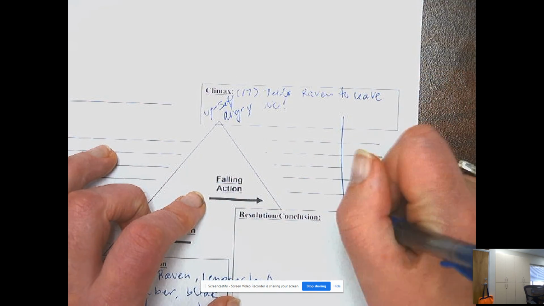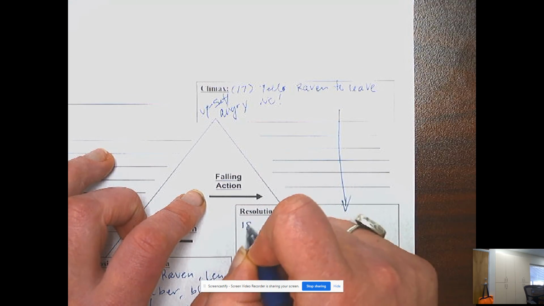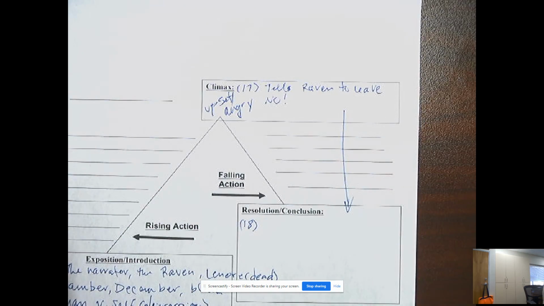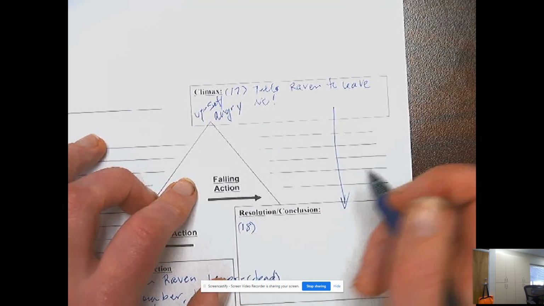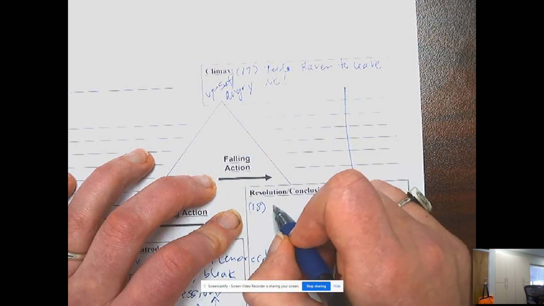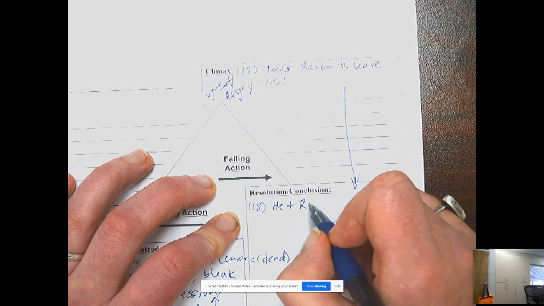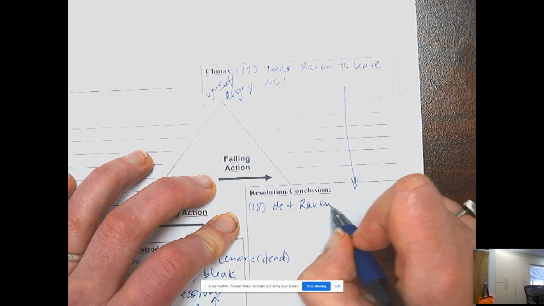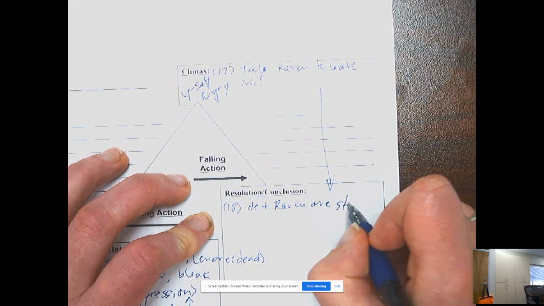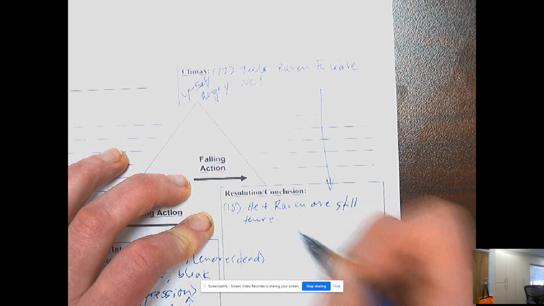From here, we basically don't have any falling action. We go straight to the resolution, which is stanza 18. In stanza 18, we learn that he and the Raven are still there in the chamber.